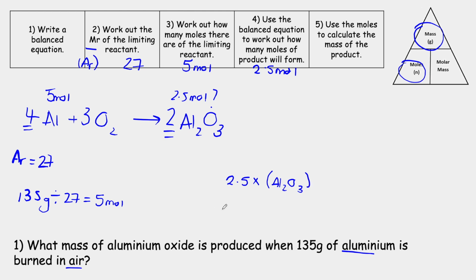So let's have a look at that. 2.5 times, and the molar mass of aluminium oxide will be 2 times 27 for the aluminiums, added together to 3 times 16. So do all that, then multiply it by 2.5, and you should get 255 grams. And that's all there is to it.